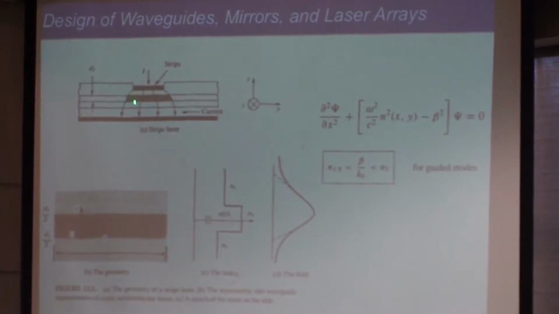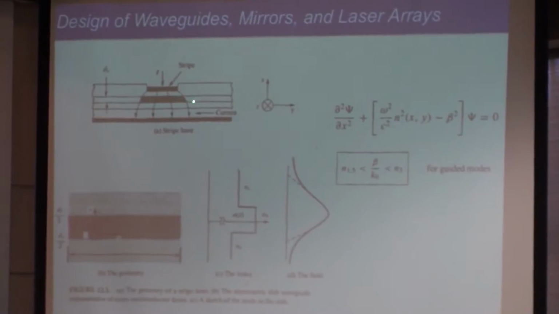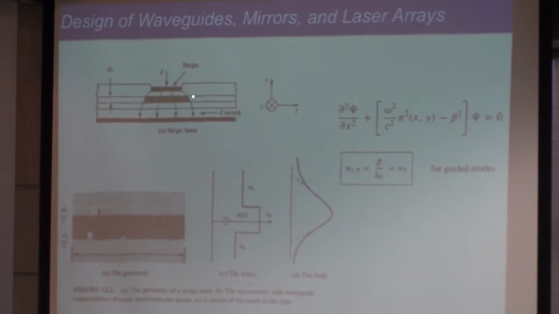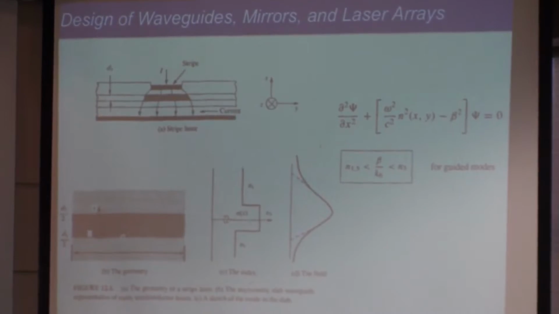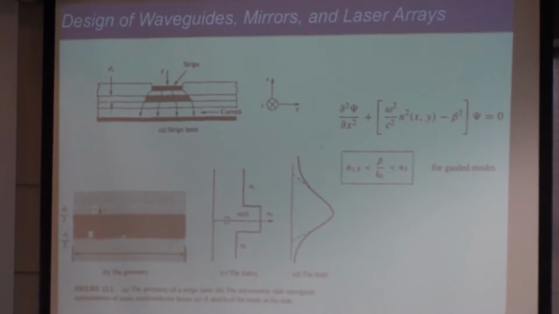And when you inject current, the gain is only in the region that current is flowing. Outside the region where you are not injecting any carriers, that is still a lossy region. It's just absorbing. There's no gain in those regions, right? Because your quasi-Fermi levels are still very far from the band edges.